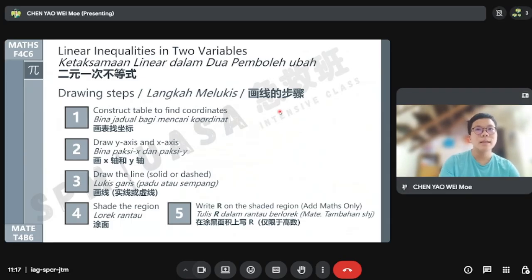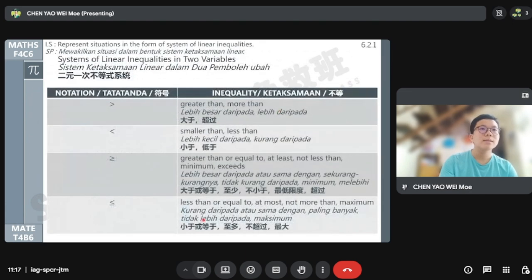Next, you already know about the inequality sign. So in our exam, it's not easy like that. You are given a very long essay question, and you need to identify the keywords inside and give the inequalities in the question.